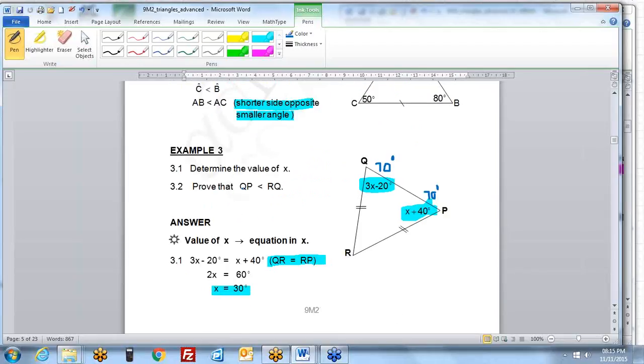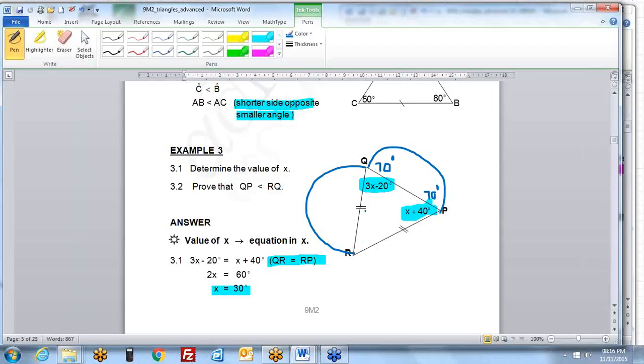3.2, you have to prove that QP, the side over here, is smaller than RQ. So once again, you're going to work with the angles opposite these sides. We have to figure out what is the size of this angle, because this angle is opposite this side over here.